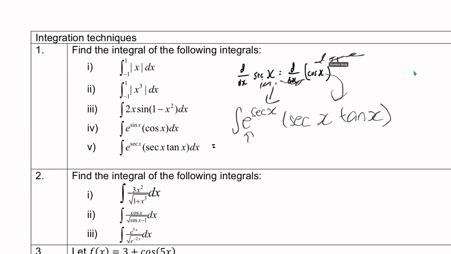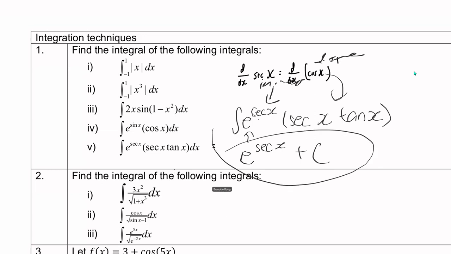So you just integrate the outer, which is e to the power of x, which is just e to the power of the inner. We must keep the inner, secant x. That's it. Done. One line only. There's no working. You just need to recognize it's in the correct format already.